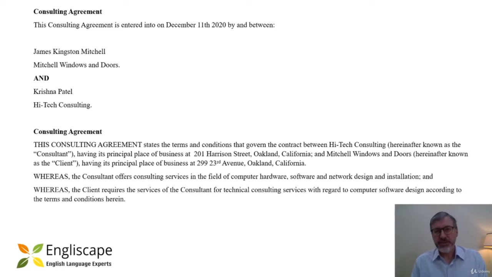Whereas, introducing a new point, the consultant offers consulting services in the field of computer, hardware, software, and network design and installation. And whereas, the client requires the services of the consultant for technical consulting services with regard to computer software design according to the terms and conditions herein. Herein means in this contract here, in this agreement.